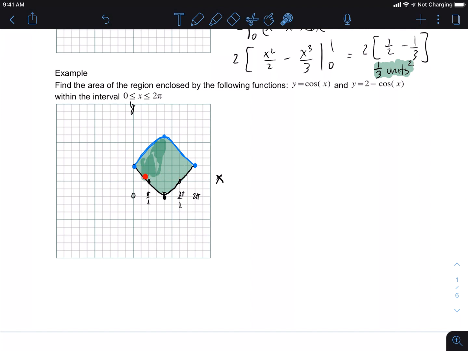But look what happens. If I go this way, am I hitting the same function? No. Am I hitting the same function going this way? Yes. If I hit the same function, you can't do that.